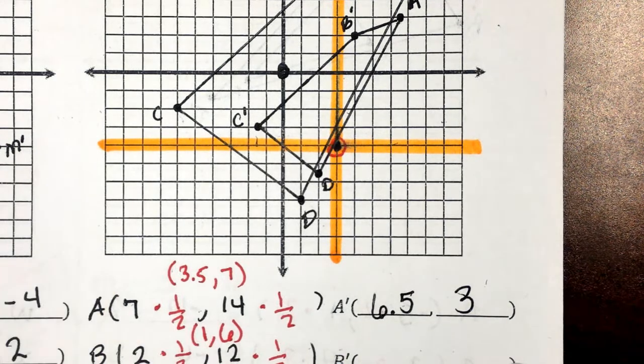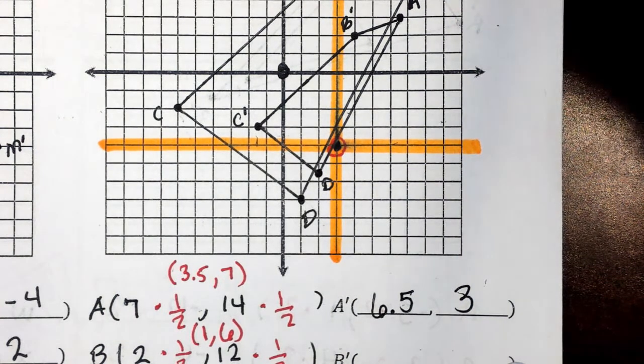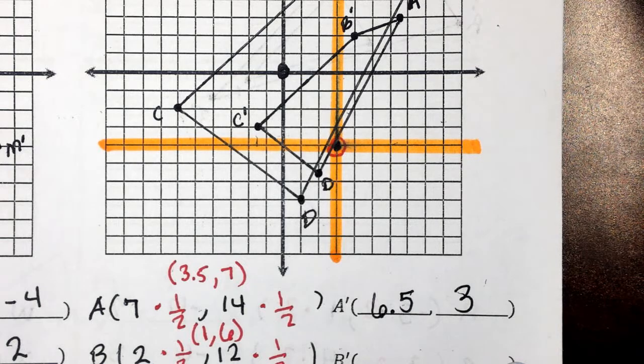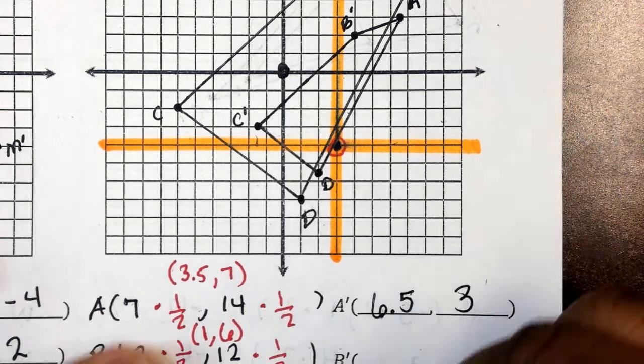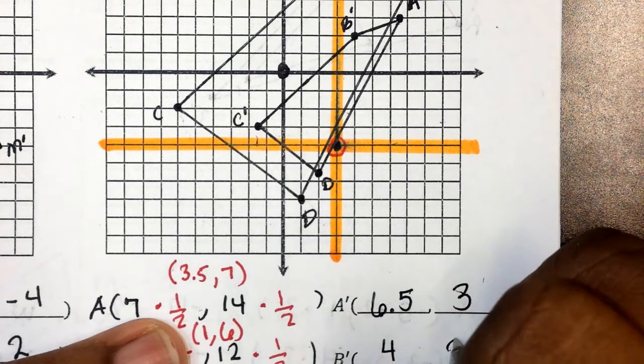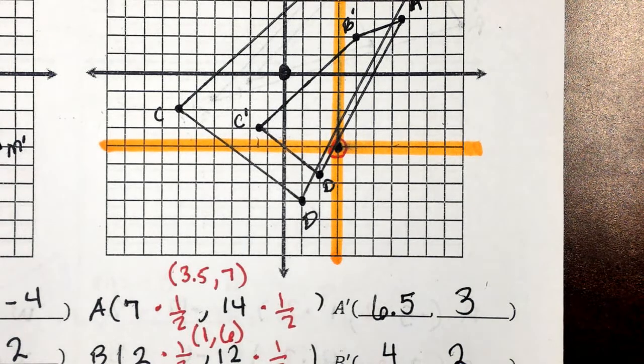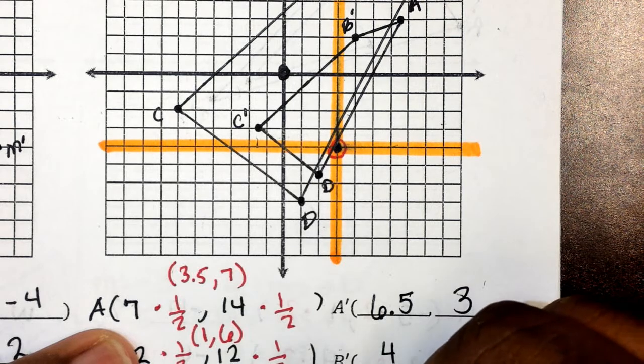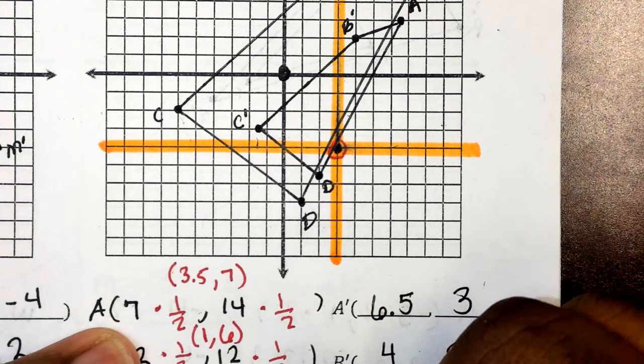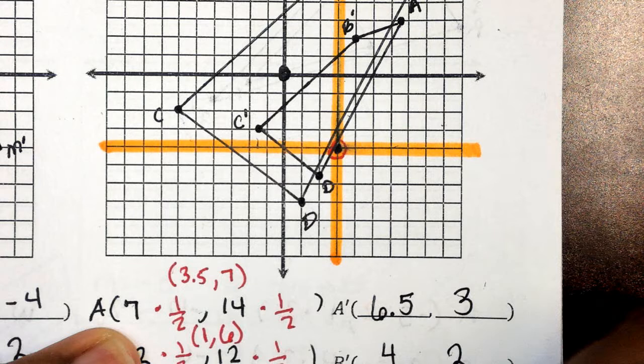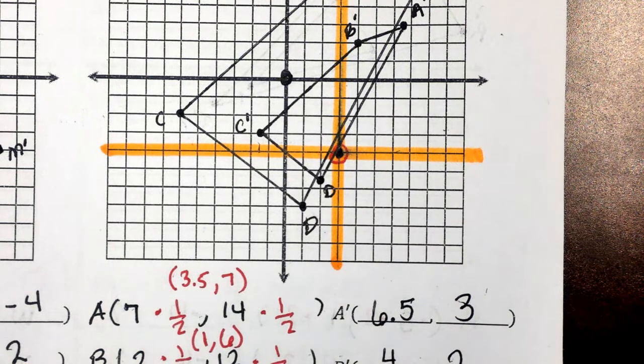Well, Rodriguez, you finished then. Yep, B prime. 4, 2. Negative 1.5, negative 3. Good. Try that one again. Hold on.